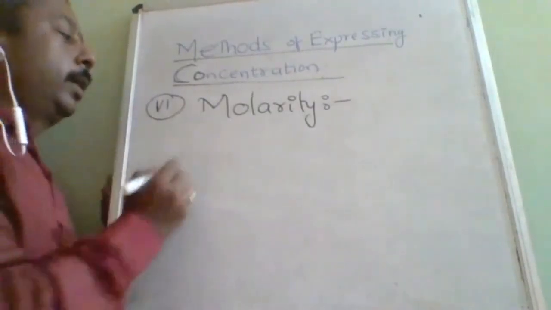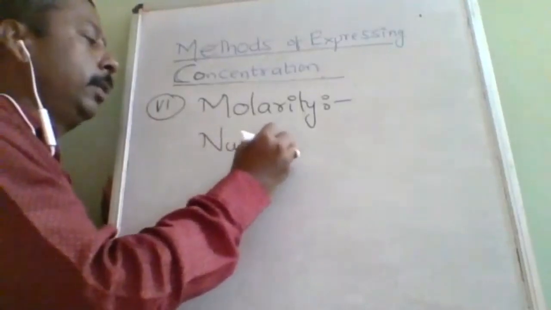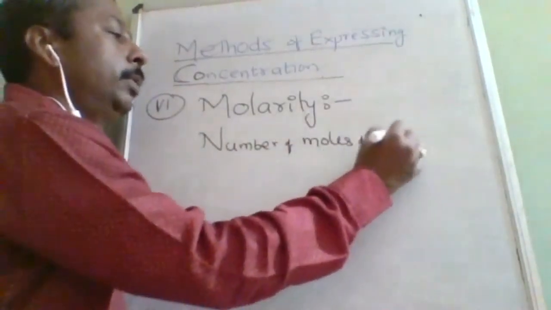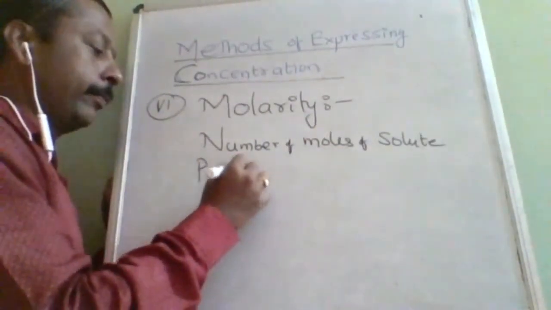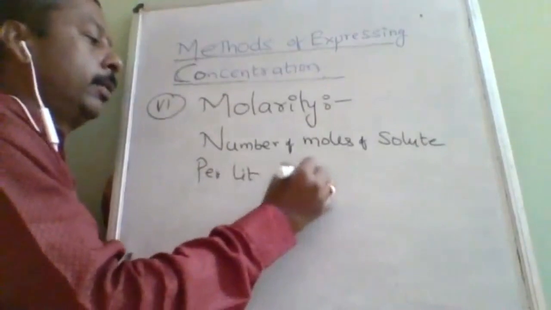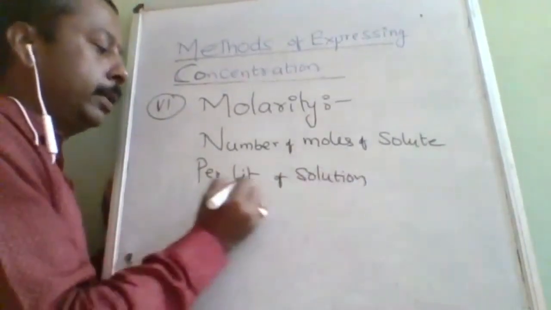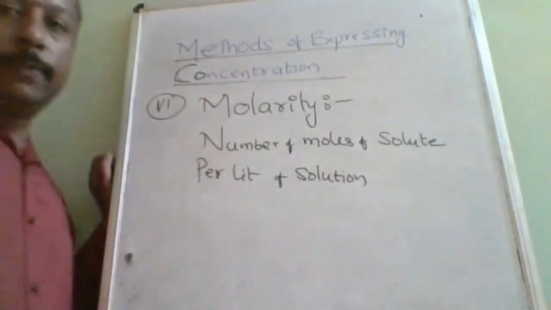Okay, so molarity is defined as number of moles of solute per liter of solution. Here this one is more important. So molarity is defined as what?